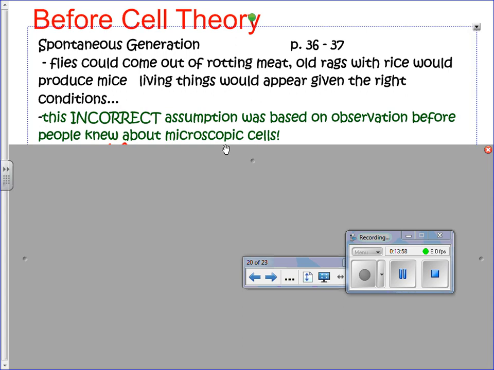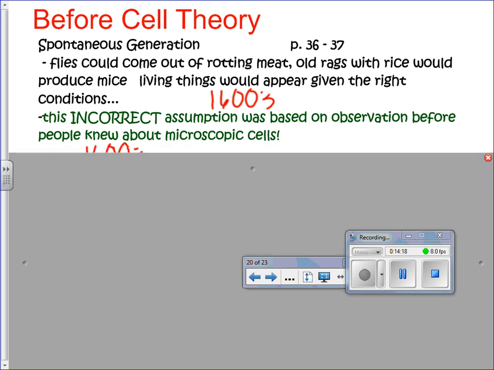It's the incorrect assumption based on observations. It's before people knew about microscopes, about microscopic cells. This was indeed in the 1600s and before then. And so people based things on what they saw and what they knew, on the stories people told.